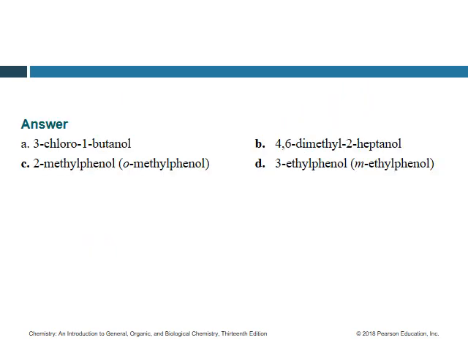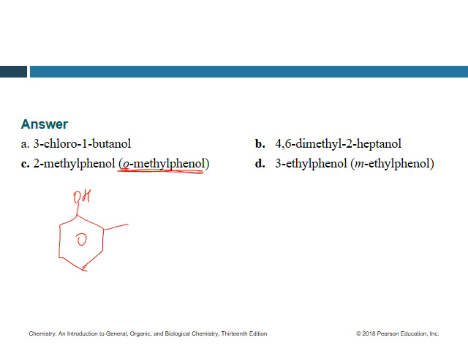I forgot to mention in the slide, the one that we just saw, 2-methylphenol, which was OH and this was methyl, could also be called ortho. Whenever you have 2 groups on 1 and 2, it is usually called ortho, right?